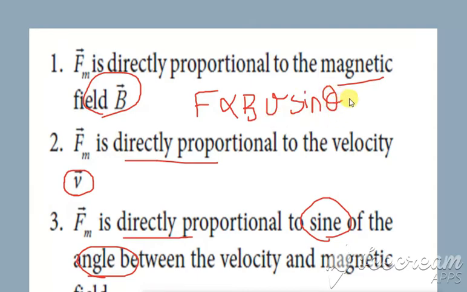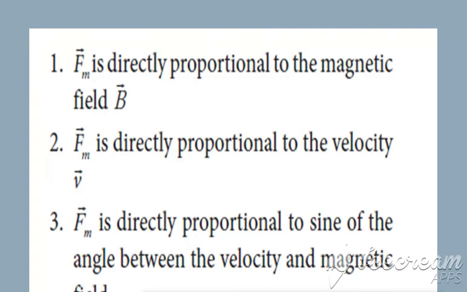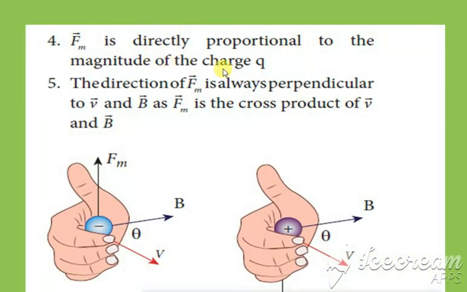Next, we are missing the term Q, so we say that the force depends on Q. The next point is that the force is directly proportional to the magnitude of the charge Q.